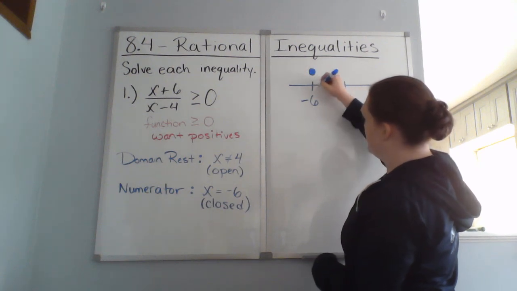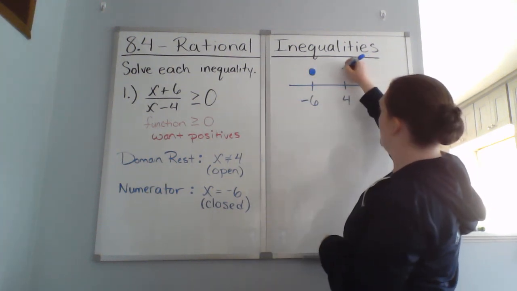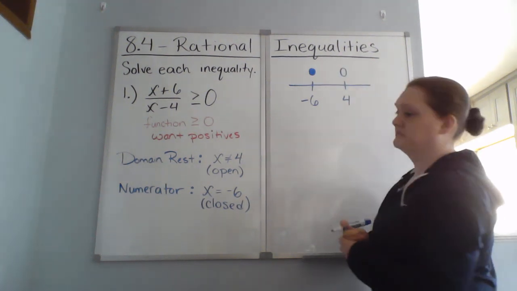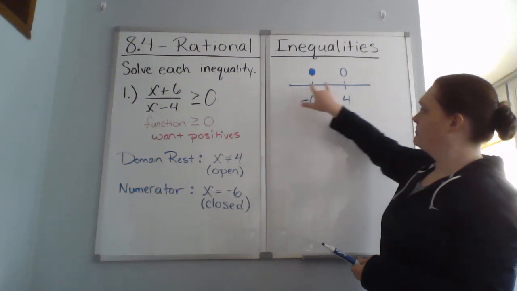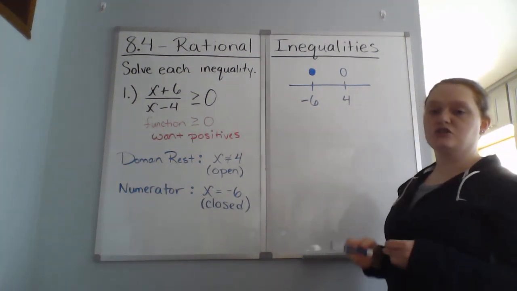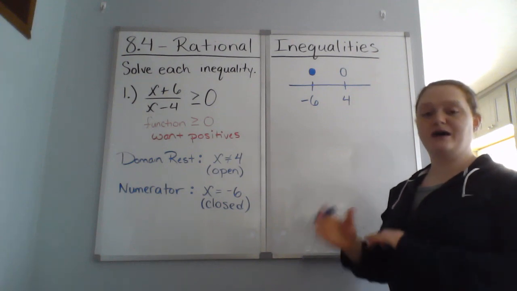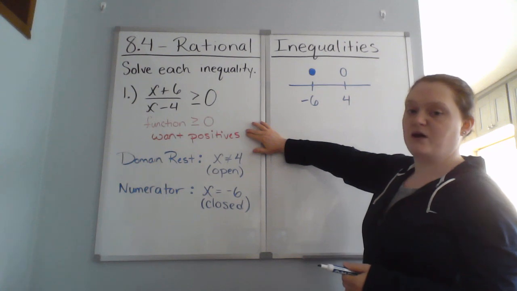At x equals 4, it has to be an open circle because that was a domain restriction. This number line is broken into 3 segments, one on the left, one in the middle, one on the right. I need to test a value from each interval to see if it gives me a positive or a negative value. Keep in mind, we wanted positive values out of this problem.